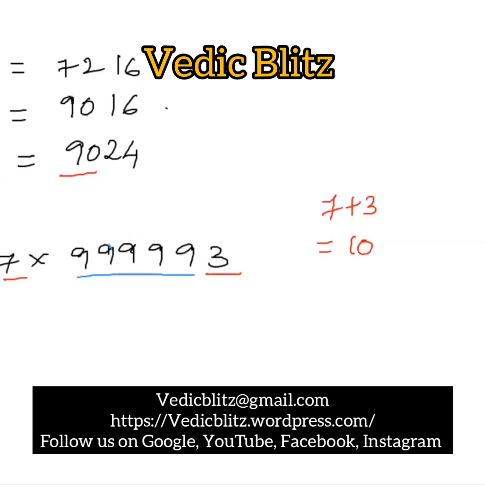Ekadhika of 99,999 is plus 1. Then if you see, it is 1 lakh.